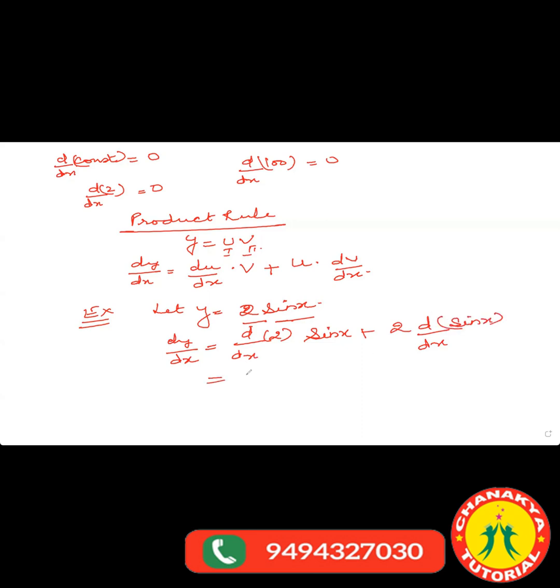Now differentiation of 2 is 0, because this is a constant term. No variable is written, plus 2 into differentiation of sine x, cos x. This is the formula. So 0 into sine x is 0. So 2 cos x is the answer. Have you understood, Jaswant? Dhanunjay? Yes, ma'am. Understood? Yes, ma'am. Okay, please note this.